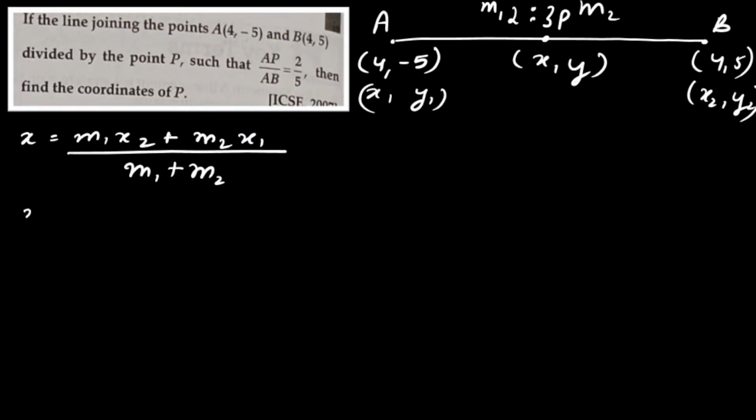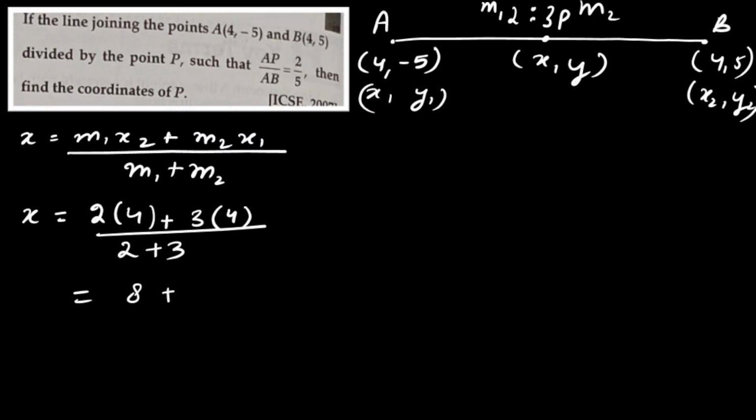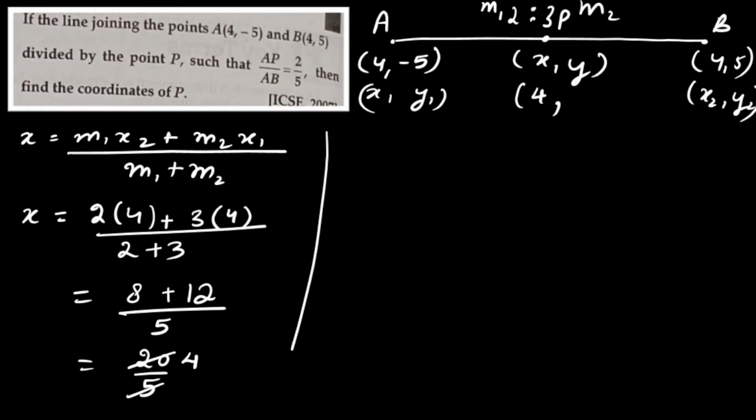So x is equal to 2 times 4 plus 3 times 4 by 2 plus 3. That is 8 plus 12 by 5, so 20 by 5, which is equal to 4. So x is equal to 4, and you all are getting 4.